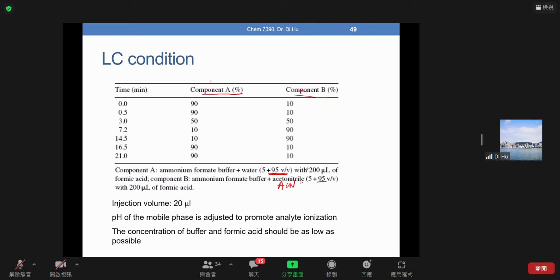We don't want to use a solvent with very high viscosity because that can cause high back pressure. And also, when the viscosity is high, the diffusion coefficient Dm will be small, right? That makes some of the performance not really good. It influences the C term, right?